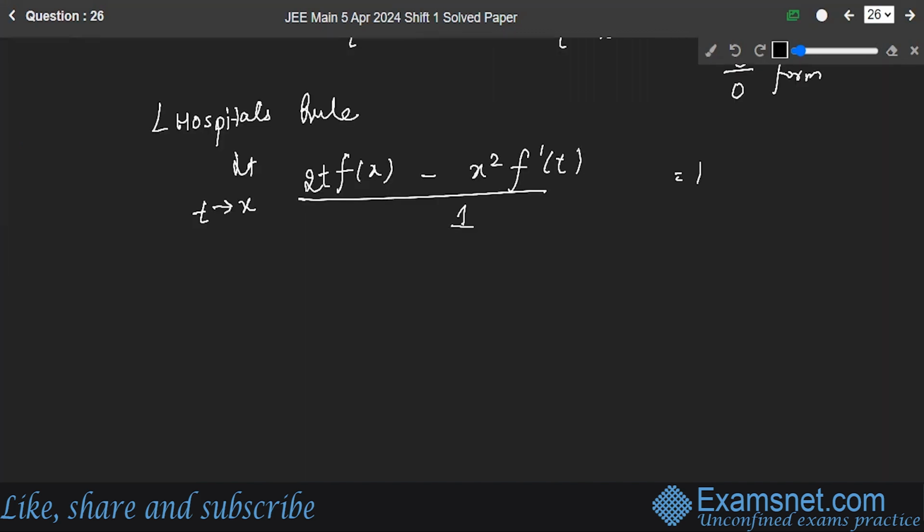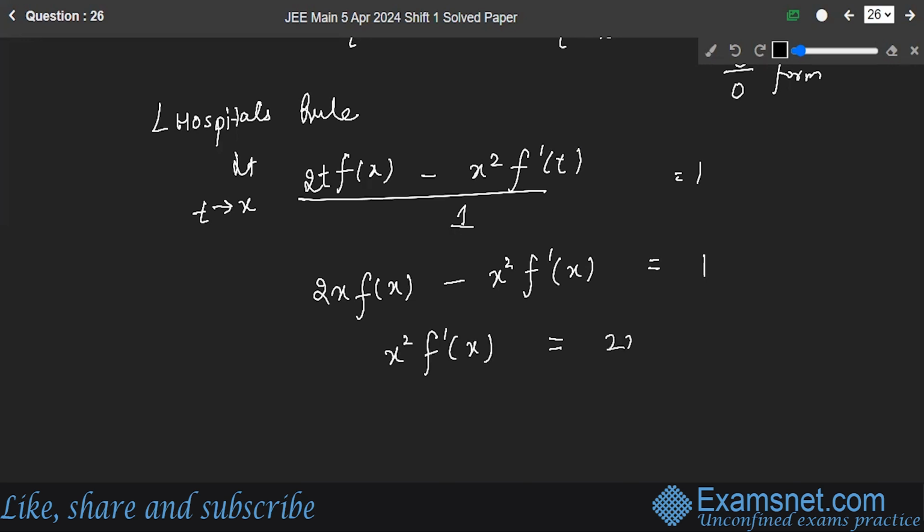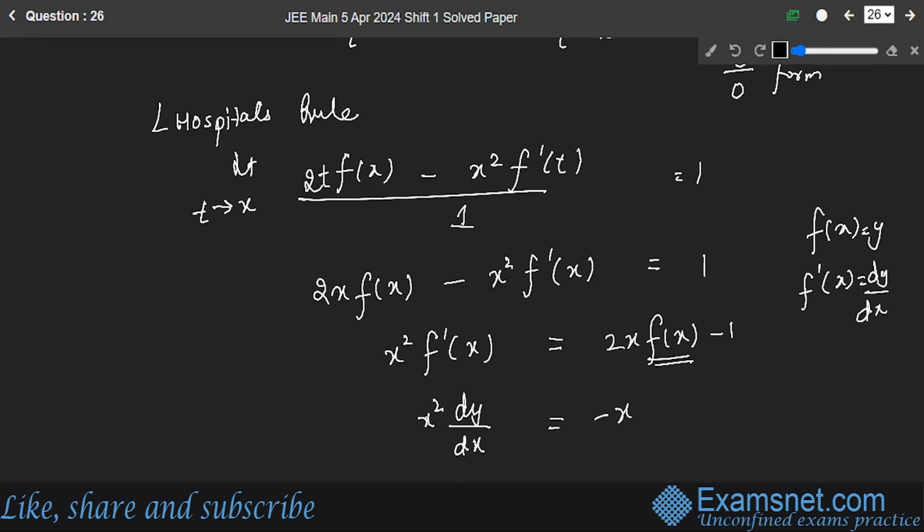Or let's approach it. So you will have 2x f(x) minus this is equal to 1 only, right? Or you have x squared f dash x is equal to 2x f(x) minus 1. I'm putting f(x) as y, and f dash x as dy by dx. So x squared dy by dx is equal to 2xy minus 1.